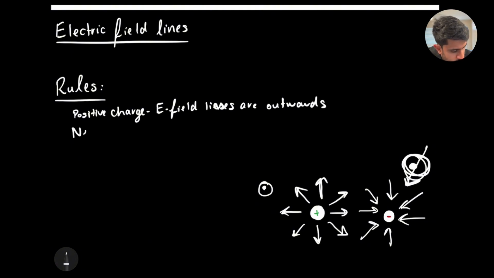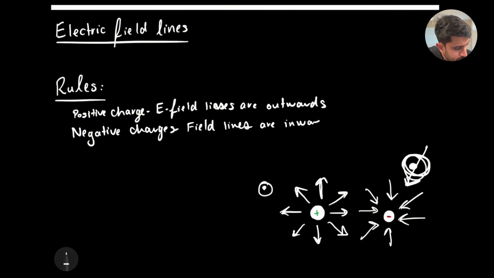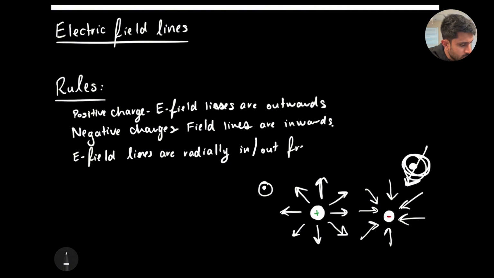Similarly, for negative charges, the field lines are inwards. Electric field lines are always radially in or out from the charge.